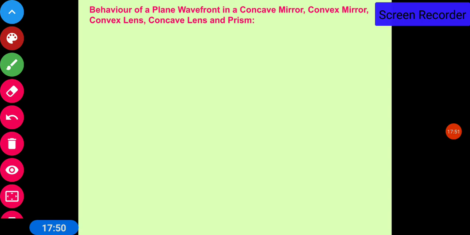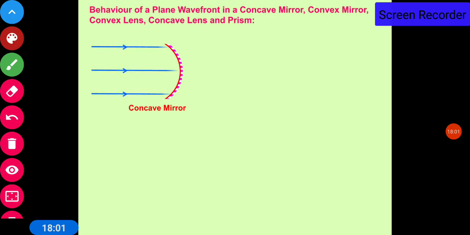Now let us discuss the behavior of a plane wavefront in a concave mirror, convex lens, concave lens, and prism. Now this is a concave mirror. A plane wavefront means the rays are parallel to the principal axis. They are falling on the concave mirror. After reflection, they meet at a point which is the focus of the concave mirror.